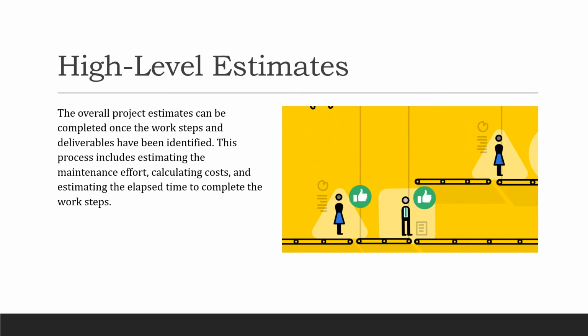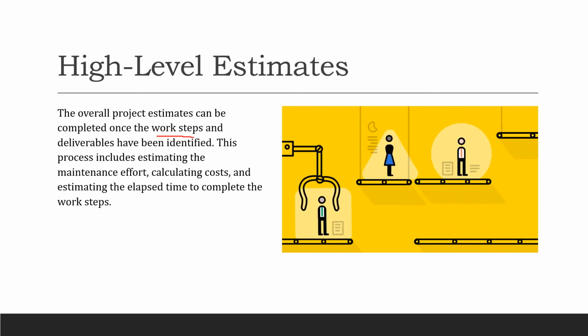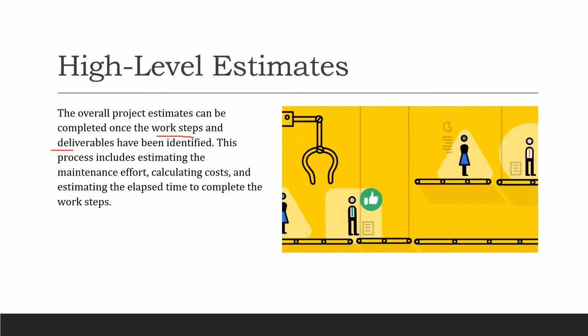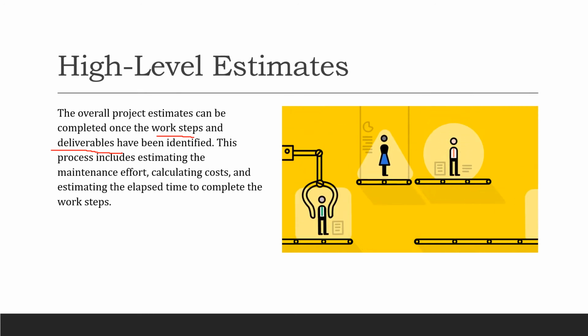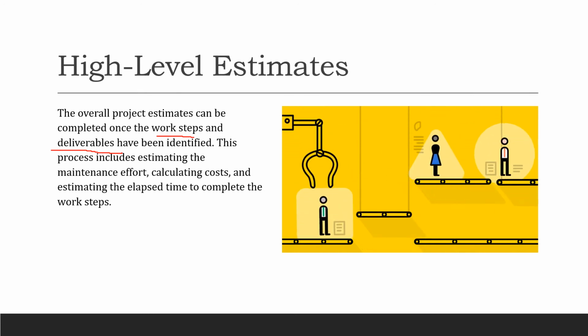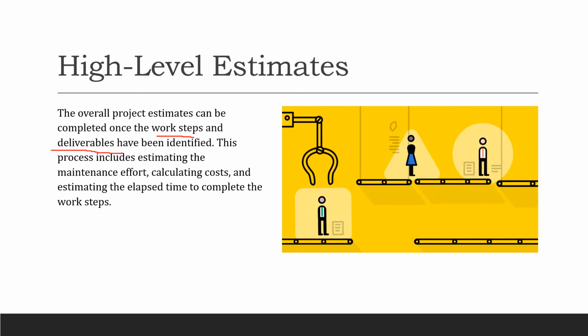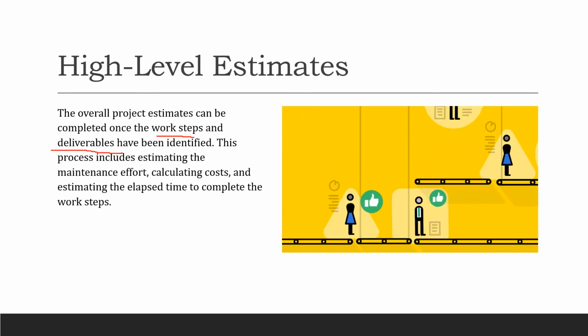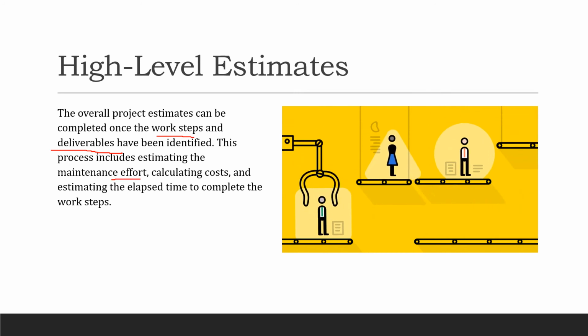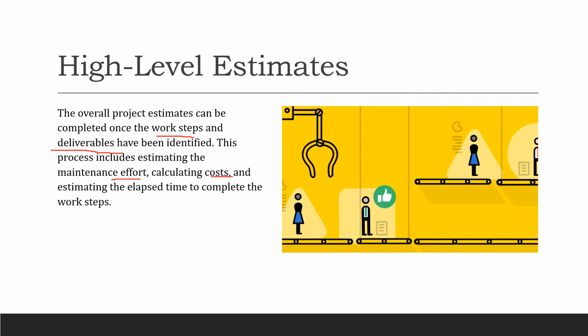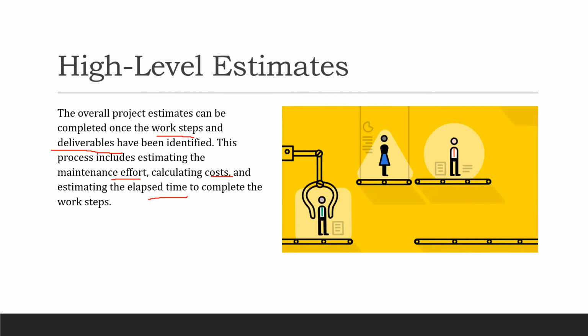So you have to identify your work steps. I'm going to underline that for you. And then you have to identify your deliverables in order to come up with your overall project estimates. That process is going to include estimating the maintenance effort, your cost, and then your elapsed time, right?